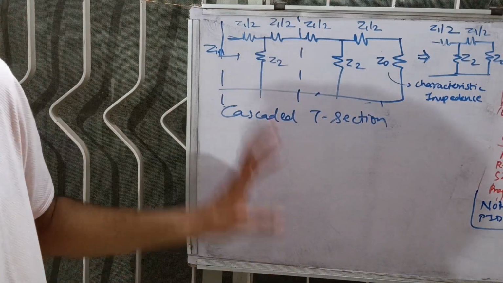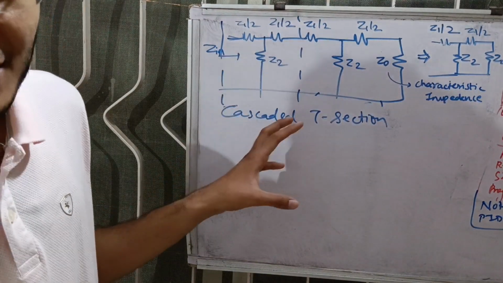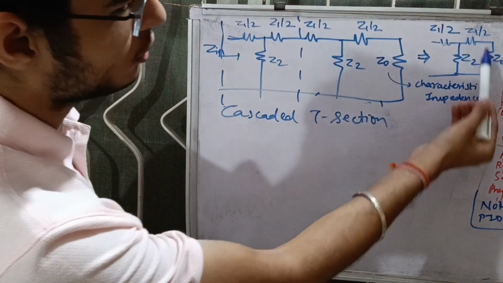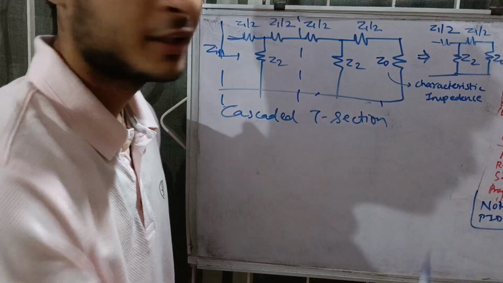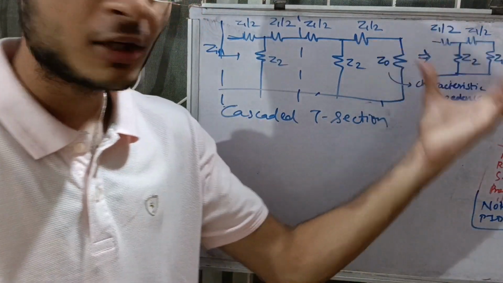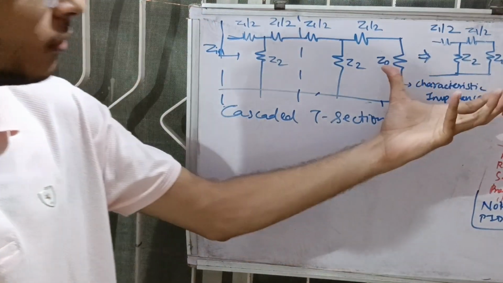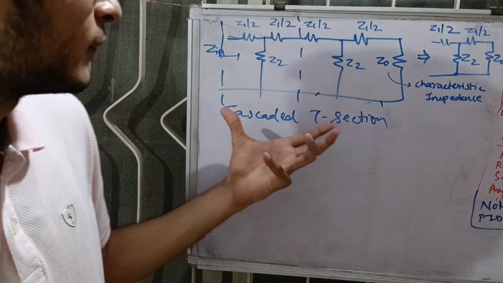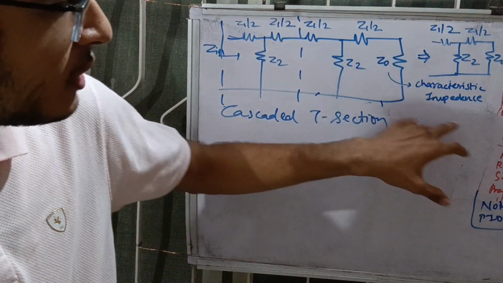This T section is drawn over here. We simplified it and we're going to analyze it. This will also represent the whole cascaded T section, and we're going to write the equations for this.